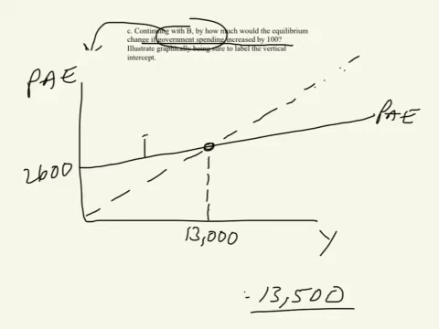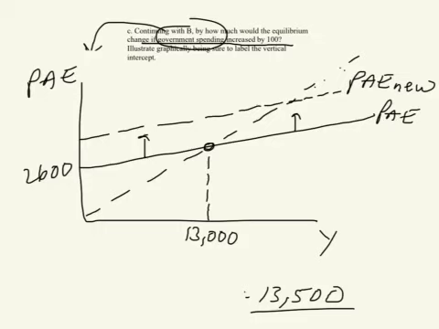And I increased government spending by 100. That shifts the spending line up. This is the new spending line. It has a vertical intercept of 2,700. And an equilibrium where it crosses the 45-degree line. And that's 13,500. And there you go.